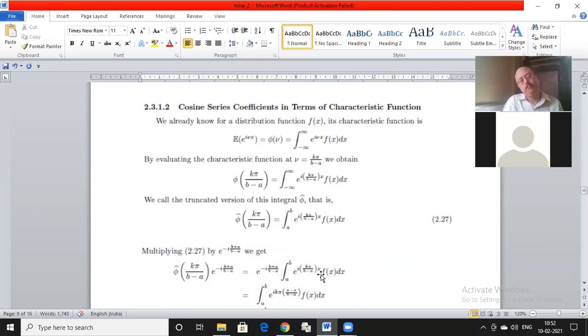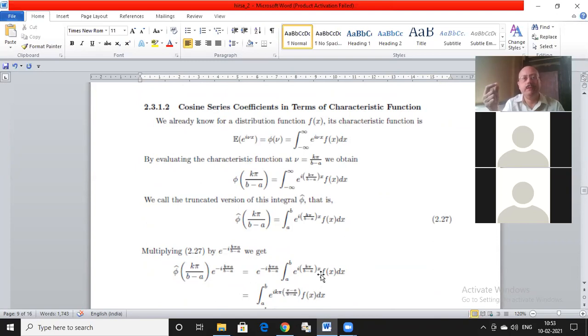Okay. Given that provision, now let us turn our attention to the real object of the exercise, the characteristic function. That's what we want to discuss. That's what we want to analyze. Okay.